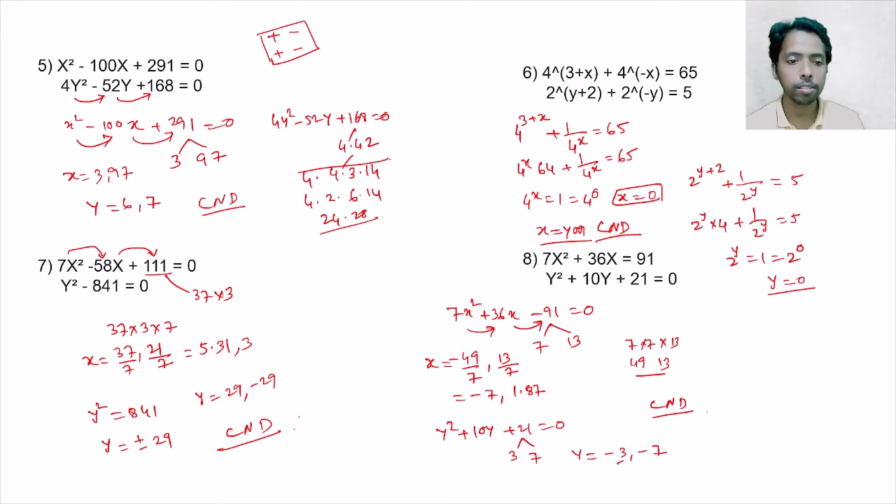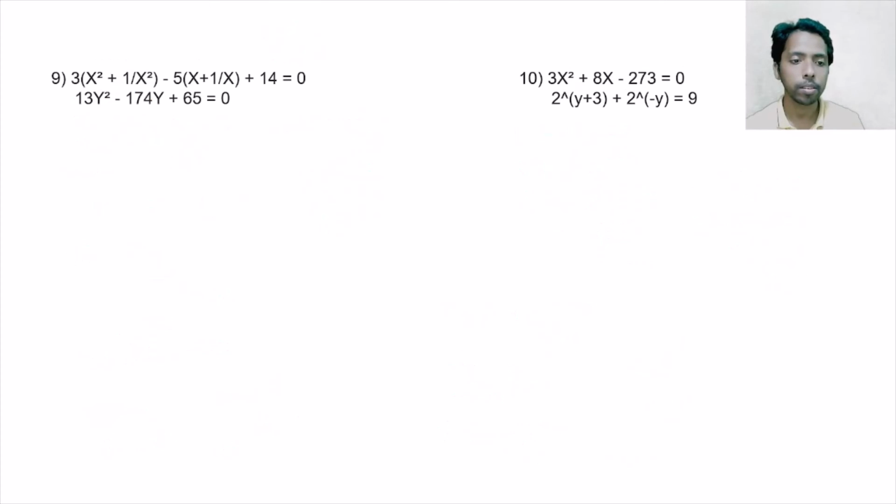Okay, moving to next. 3x squared plus 1 by x, okay, just write it down in a feasible form so that you can understand it better. This is 5x plus 1 by x plus 14 equals 0. Can you recognize this set here, x plus 1 by x?